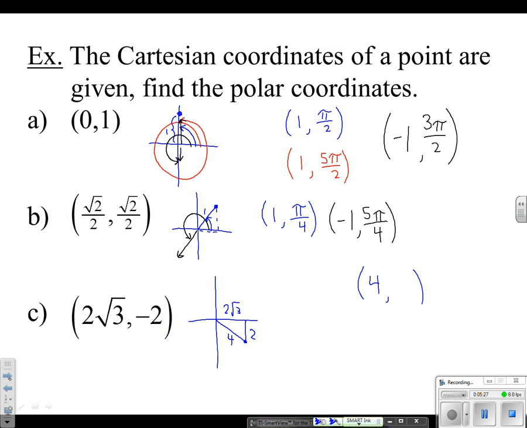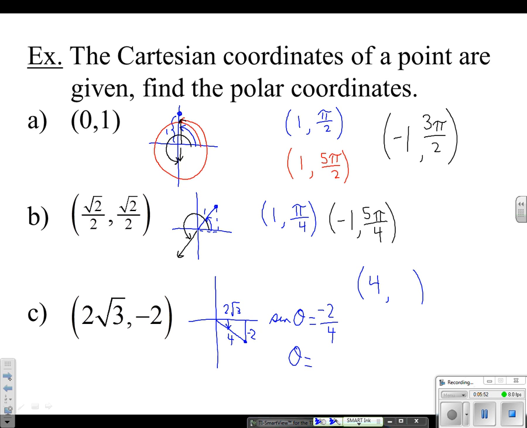For my angle, I'm looking for this angle right here. There are a couple ways to think about this. Now that I know my hypotenuse is 4, I know that the sine of that angle is going to be negative 2 over 4, or negative 1/2.